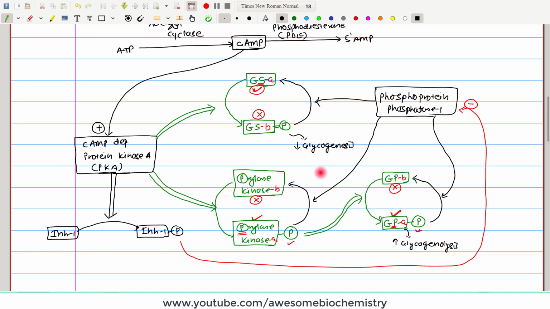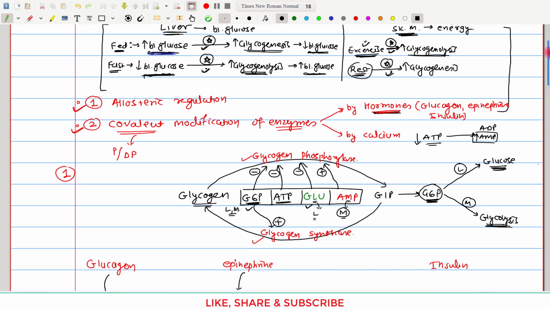So that means the ultimate effect is that all these three enzymes will be kept permanently phosphorylated by this double-sided action, so that glycogenesis will be almost suppressed and glycogenolysis will be very much stimulated. Now let's try to link this fine detail with the bigger picture.